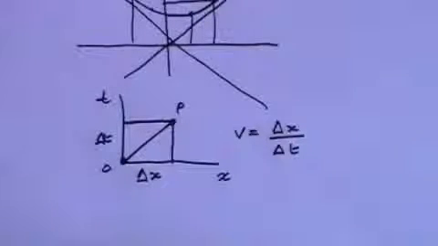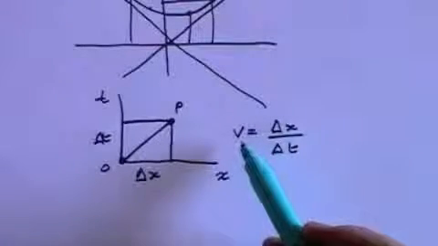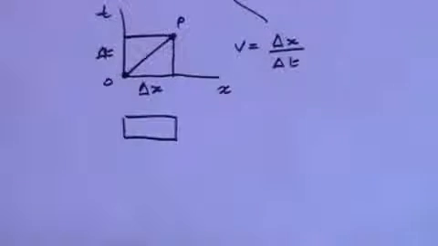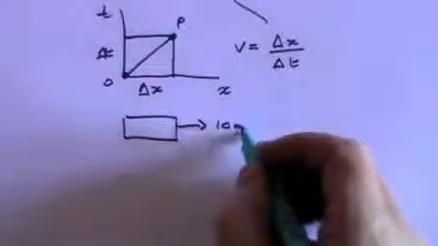So I measure that velocity as delta x by delta t. Of course, another observer will measure different values for delta x and delta t, and therefore will get a different value for velocity. Let's imagine that I'm travelling in a car at a relatively sedate 10 miles an hour.